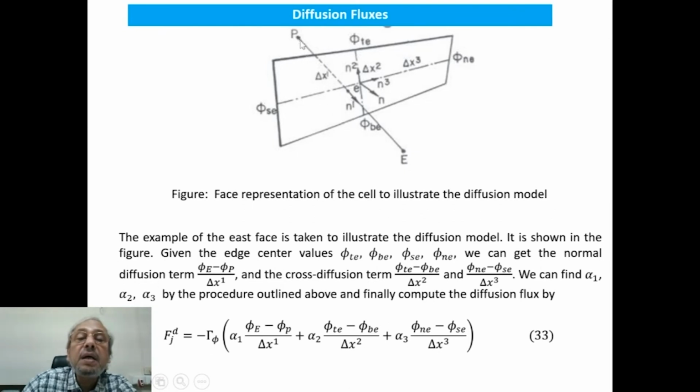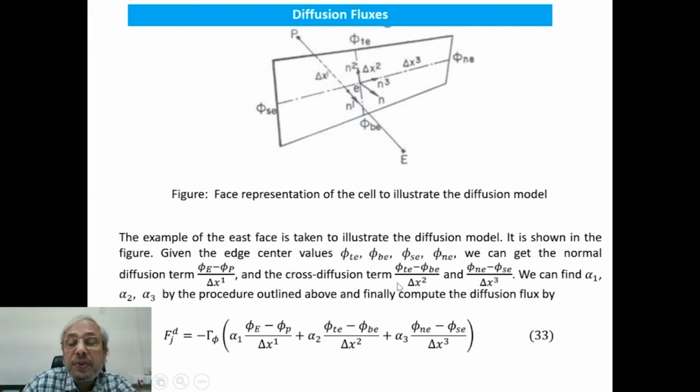This is the magnitude of the distance between the cell center of the P cell, identified by P, and the cell center of the E cell, identified by capital E. So phi E minus phi P divided by del x1, separated by a distance, the magnitude of which is del x1.